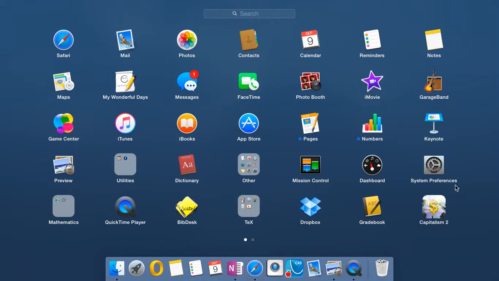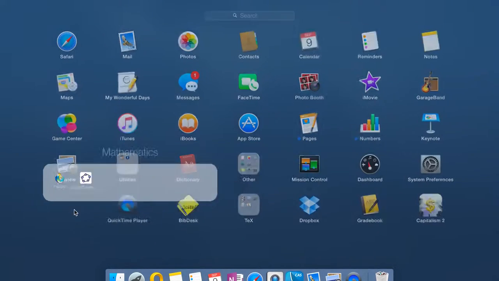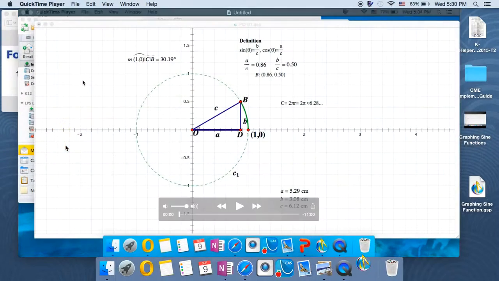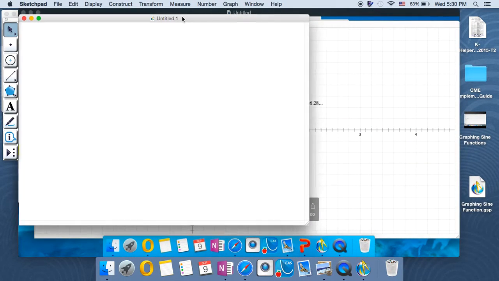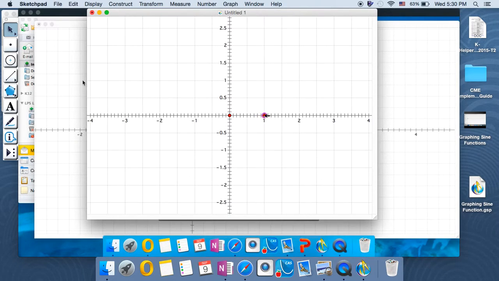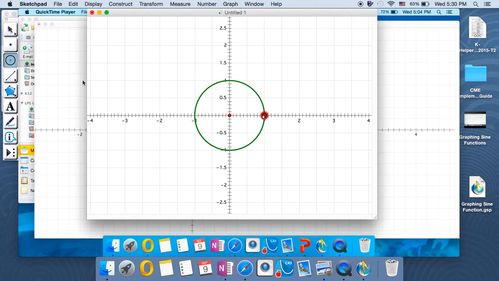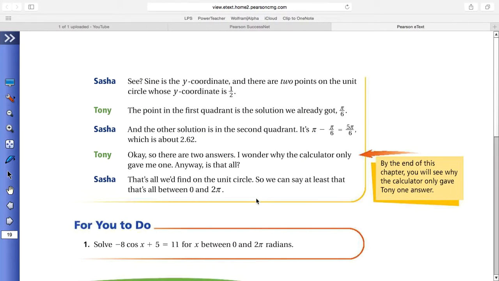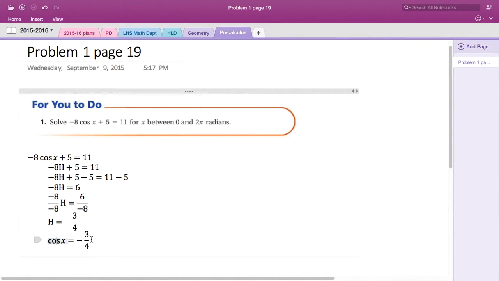Let me pull this up right here. Let's look at the unit circle here. So let's graph, and I just want to put the unit circle, which is the circle with radius 1. Okay, so right here, cosine x equals negative 3/4.